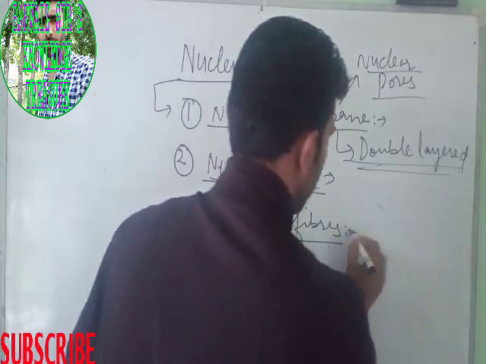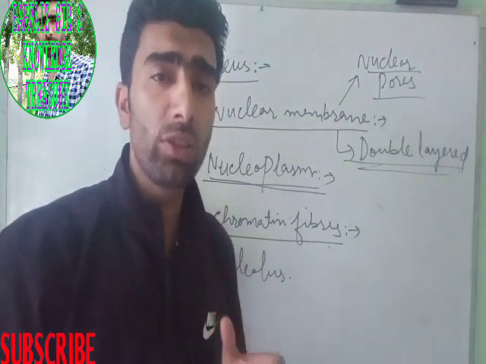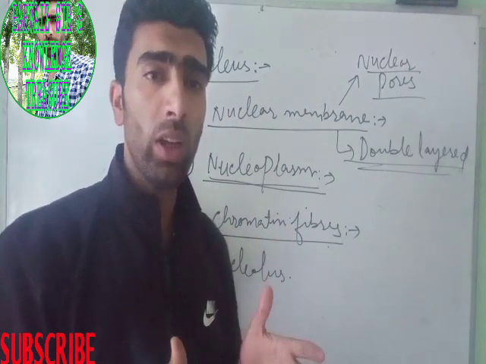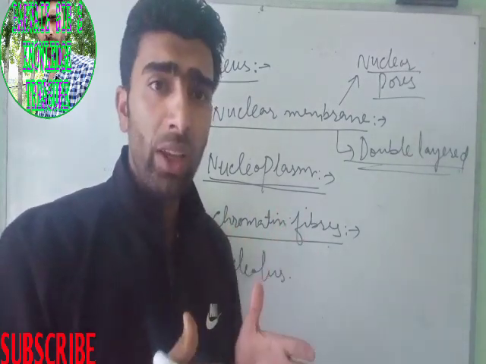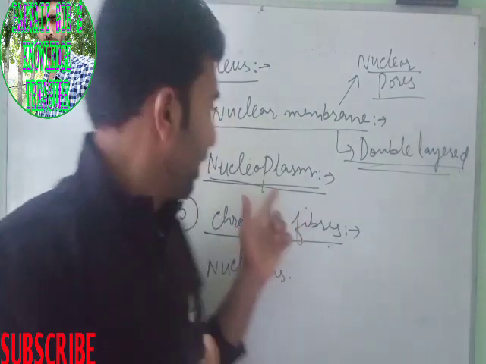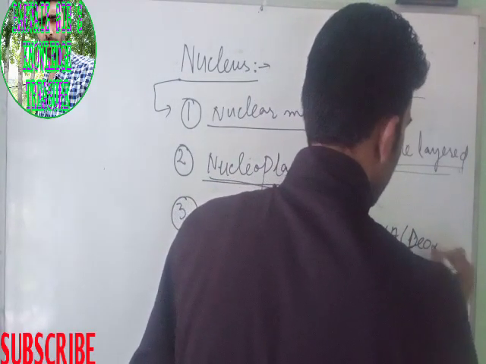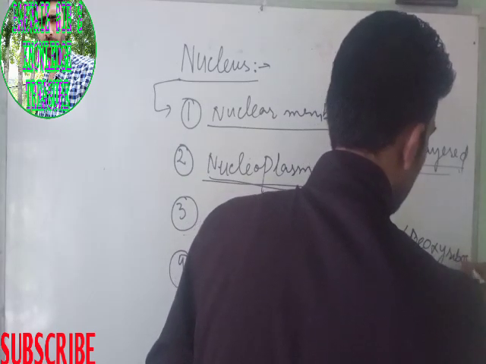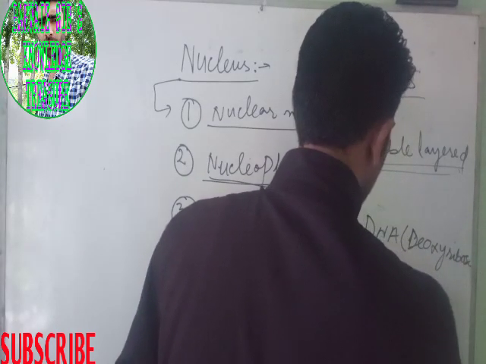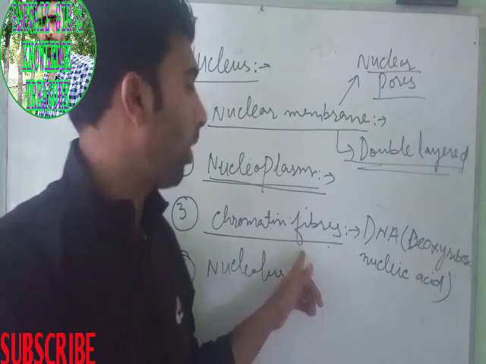Chromatin fibers. Chromatin fibers are the fibers which are made up of DNA and histone proteins. DNA means deoxyribose nucleic acid. These chromatin fibers are made up of nucleotides.